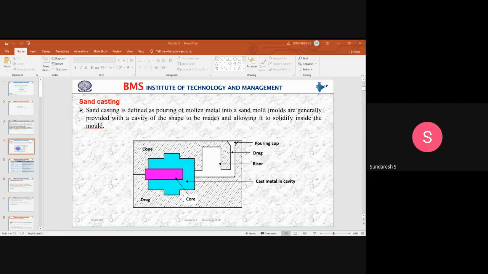Anybody wants to continue? Mohan Ambal? So they told there are two parts. One is cope and drag, and Sandesh mentioned the pattern. Anything to continue here regarding sand casting?